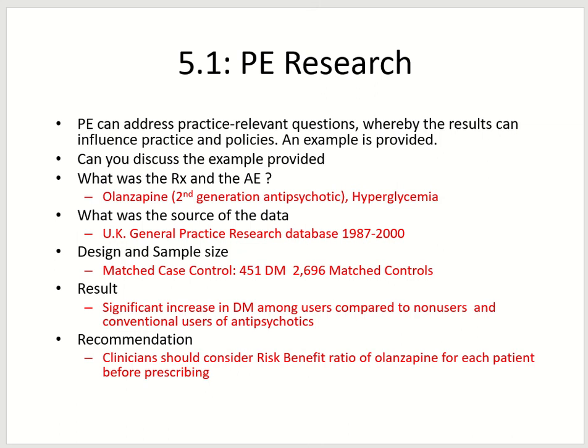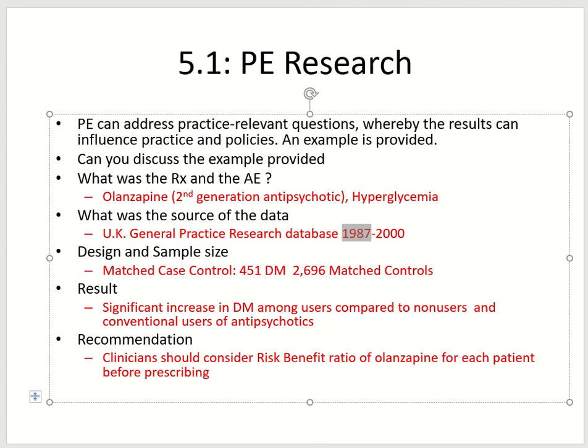There was a link, there was a signal, and therefore they investigated the relationship. Where did they investigate this relationship? They went to a secondary database that already had data on both. That came from the UK General Practice Research Database, which they reviewed data from 1987 to 2000. So they reviewed 13 years worth of data.